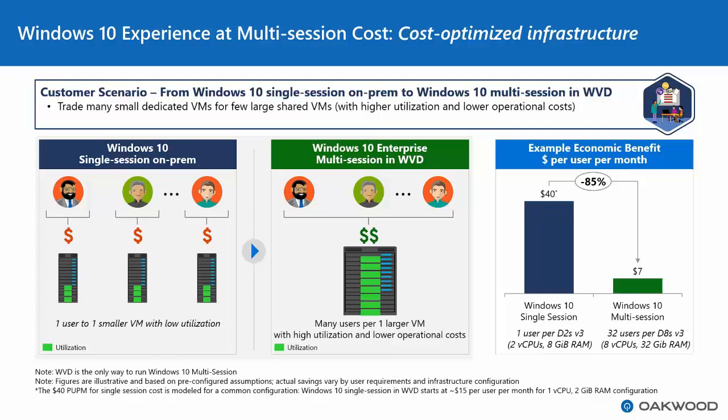And in Azure with Windows 10 multi-session, you use one or multiple larger VMs to service all your users in a multi-session environment. And then your economic price benefit: your user costs typically go down from $40 per user to $7 per user. Obviously, that's all dependent on the size of your organization and the amount of servers you have available, but this is the typical scenario.